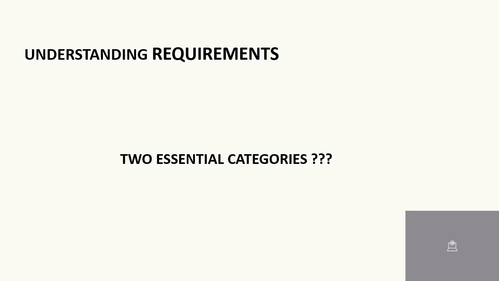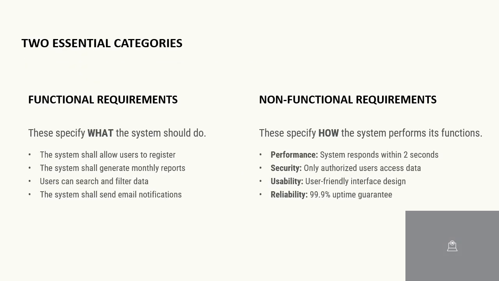Understanding requirements. In software engineering, requirements are generally divided into two major categories, functional requirements and non-functional requirements. Understanding the difference between these two types is very important during system development. So, functional versus non-functional requirements.